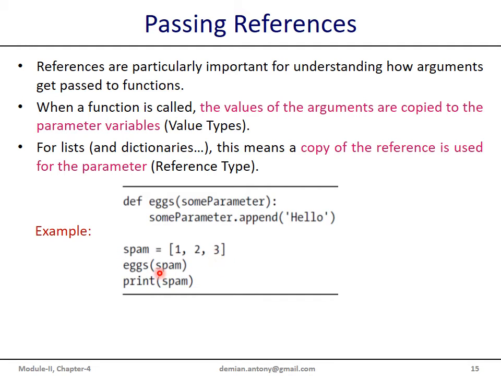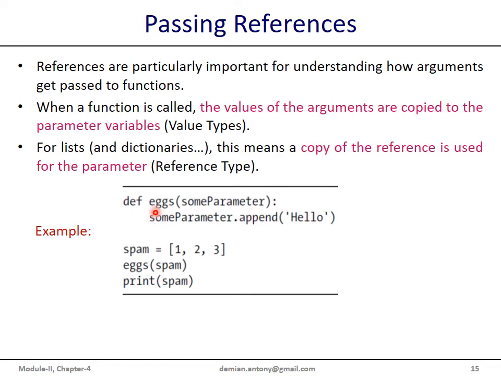This is a list, and we pass the argument, and this argument is not the list 1 2 3, it is a reference. This reference is copied to some parameter. Thus the parameter some parameter becomes another reference to the same list 1 2 3. Now we have two references, one is spam and one more is some parameter.